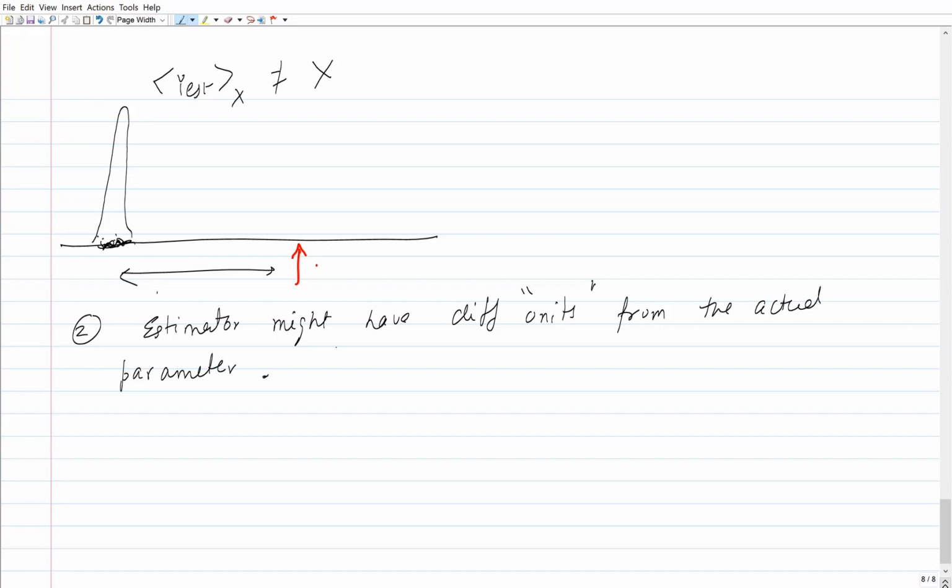So therefore this makes it difficult to interpret the variance of the estimator.